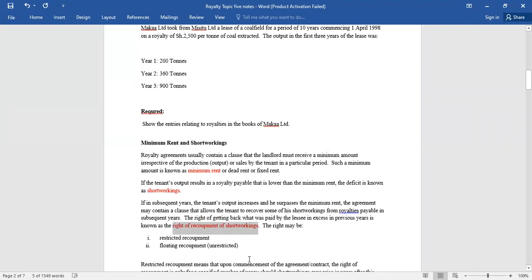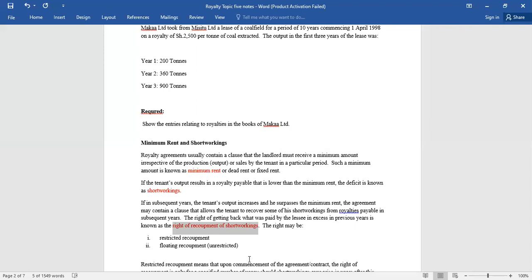It is categorized into two. You may have the restricted recoupment or the floating recoupment. When we are talking of the restricted, this means that upon commencement of the agreement, the right of recoupment is only for a specified number of years. So should shortcomings arise in the years after this, they will never be recouped.